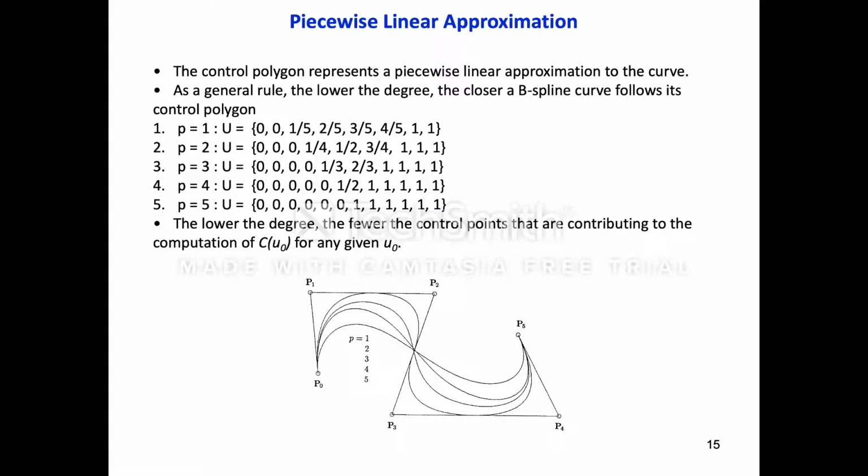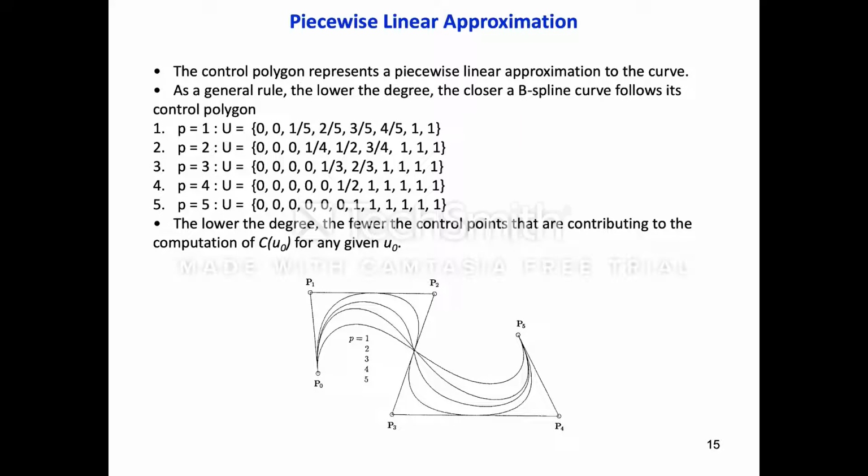Piecewise linear approximation. The control polygon represents a piecewise linear approximation to the curve. As a general rule, the lower the degree, the closer a B-spline curve follows its control polygon. The lower the degree, the fewer the control points that are contributing to the computation of C of u0 for any given u0.